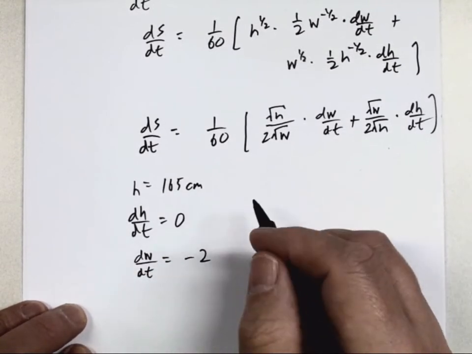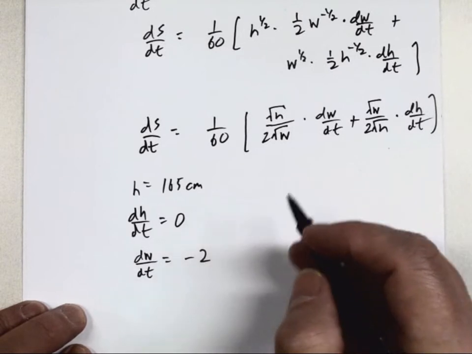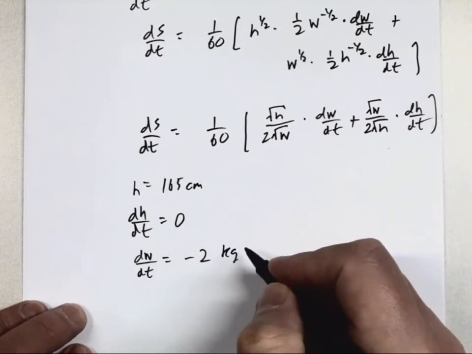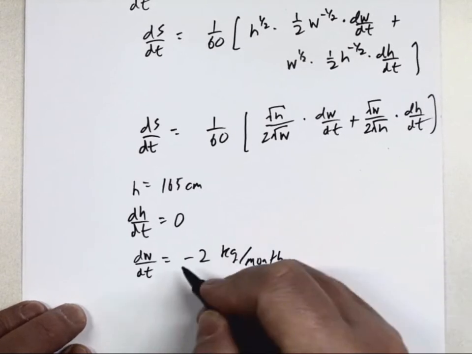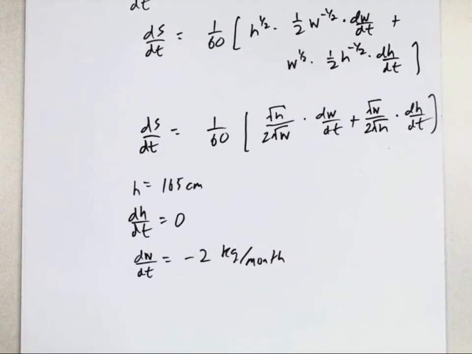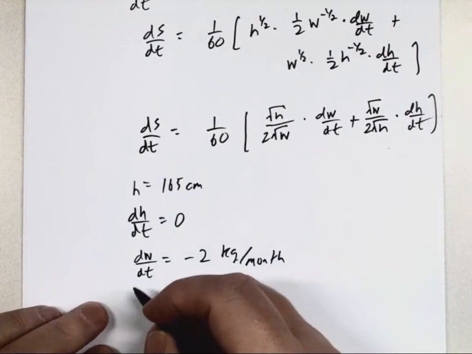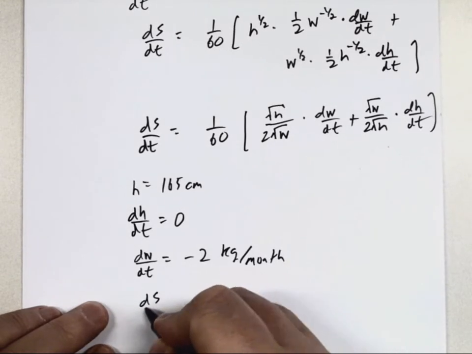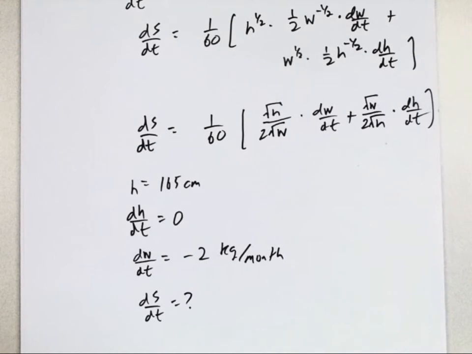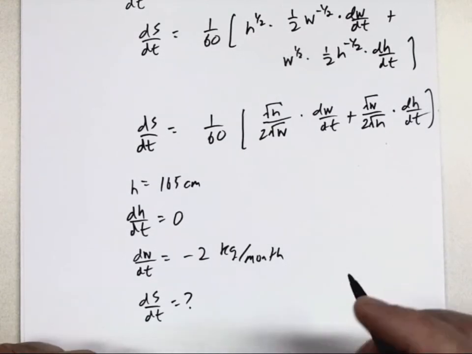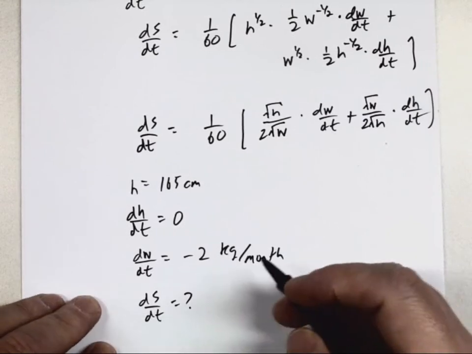And because she's losing, I have to make this number a negative 2 kilograms per month. It's how fast is her surface area decreasing. So they're really asking to solve for ds dt. How fast is her surface area decreasing at the instant she weighs 70 kilograms.